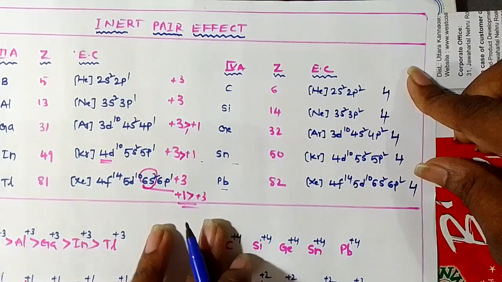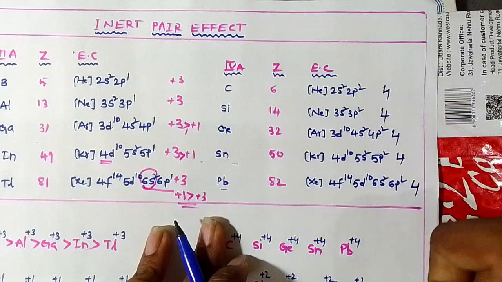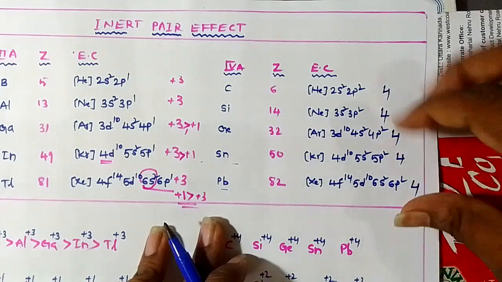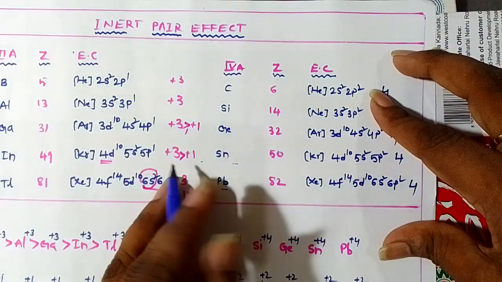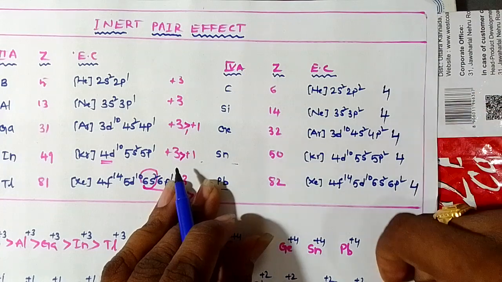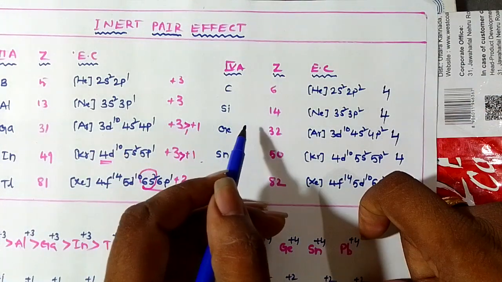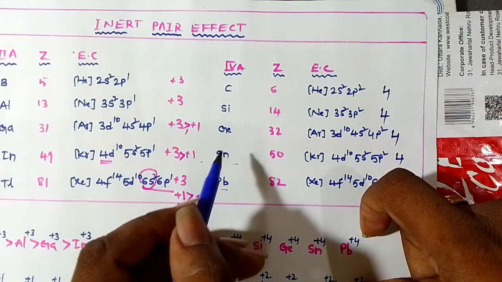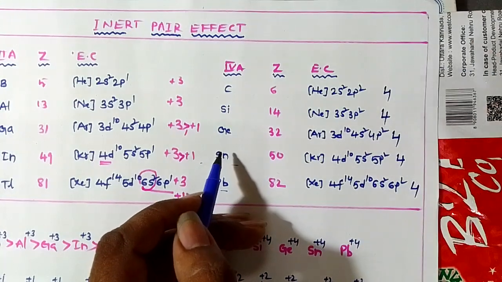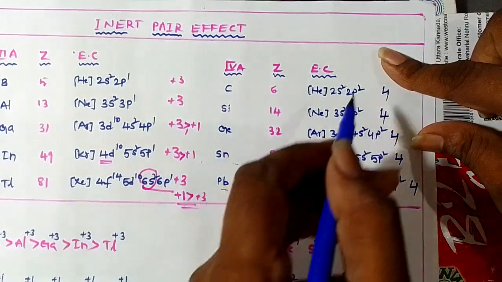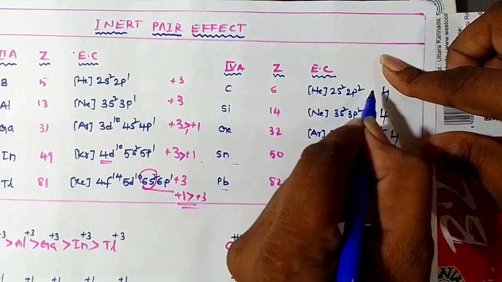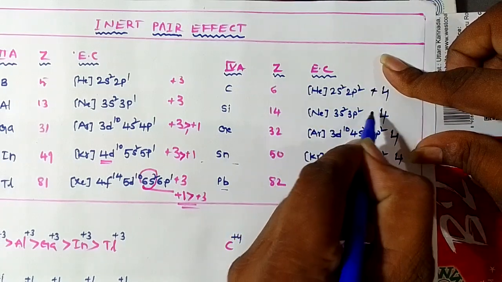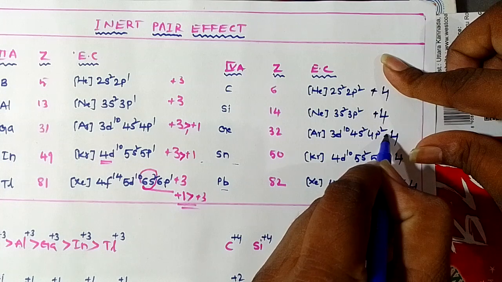And already we know that only valence electrons can participate in bond formation. That's why every fourth group element can form 4 bonds with 4 atoms, that is CH4, CCl4, SiCl4, GeCl4, like that. So the oxidation state is +4. Every element can exhibit +4 oxidation state due to the presence of 4 valence electrons.